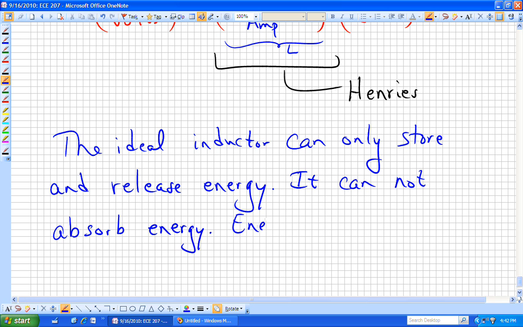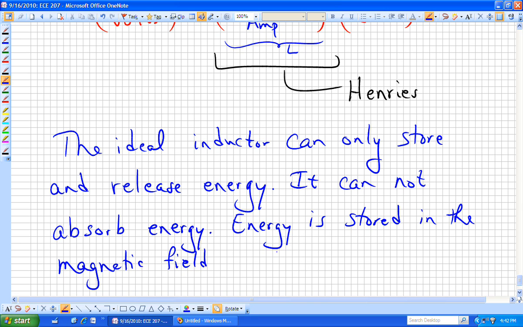In this case, our energy is not stored in an electric field, it's in a magnetic field. So our energy is stored in the magnetic field, which is surrounding the coil.